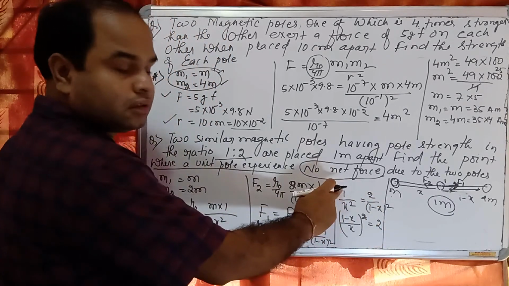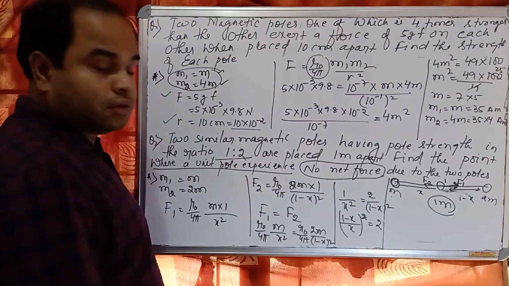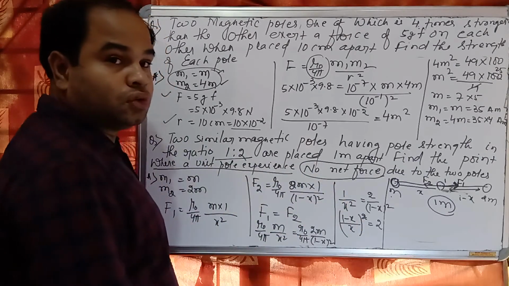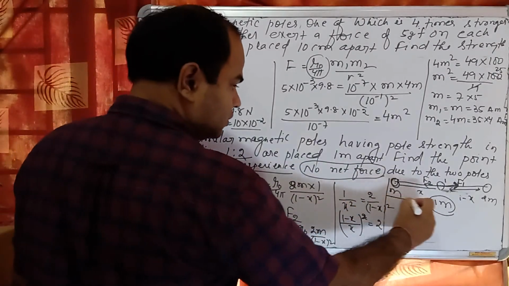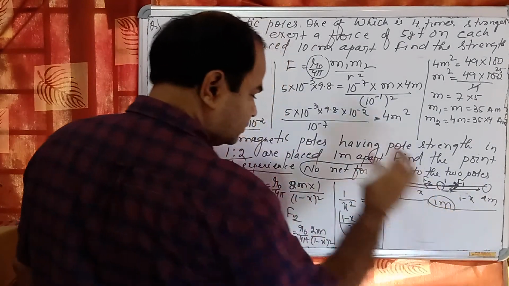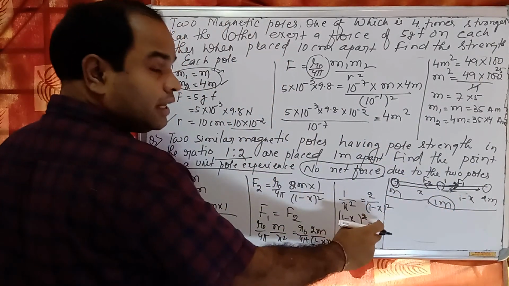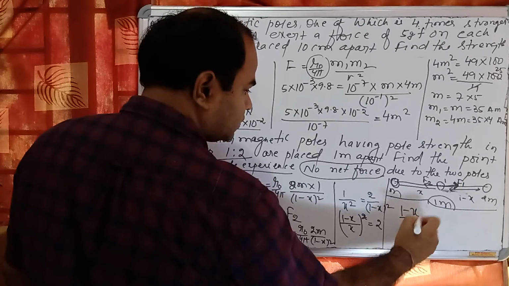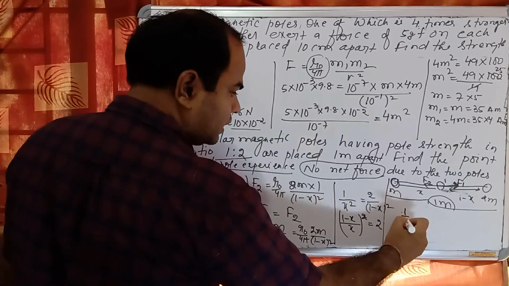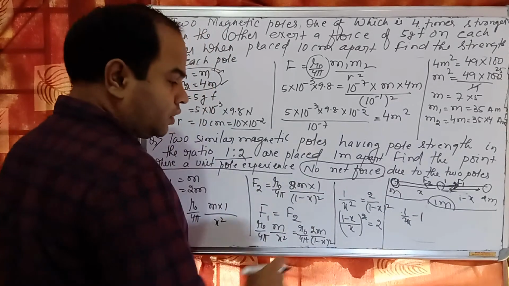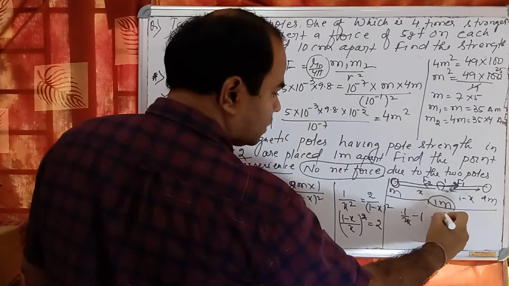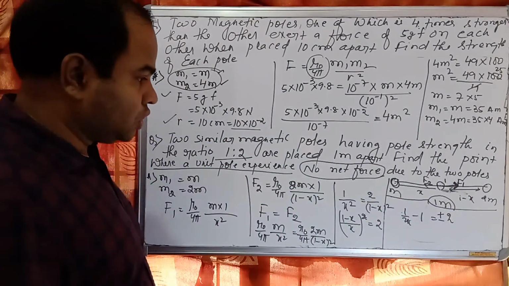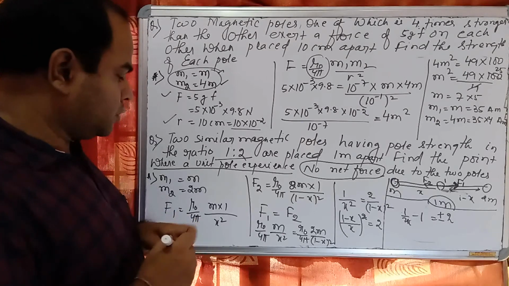Taking the square root, 1 minus x by x, which I can also write as 1 by x minus 1, becomes plus or minus 2. So we will take the plus sign once and the minus sign once.